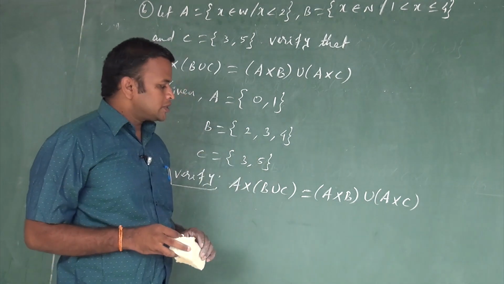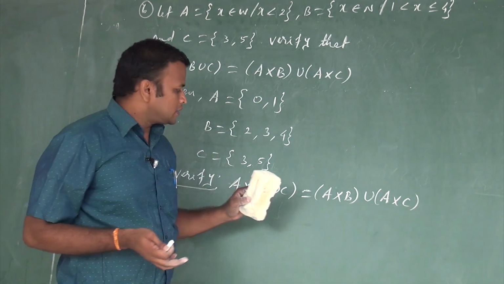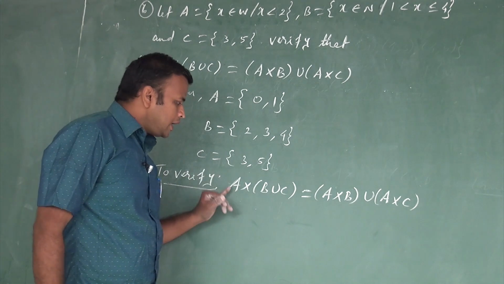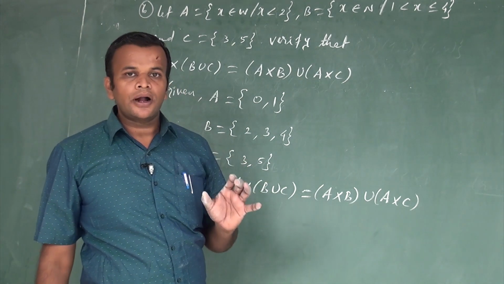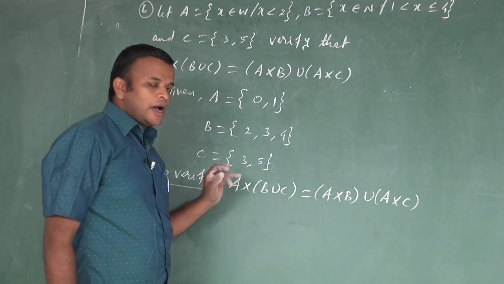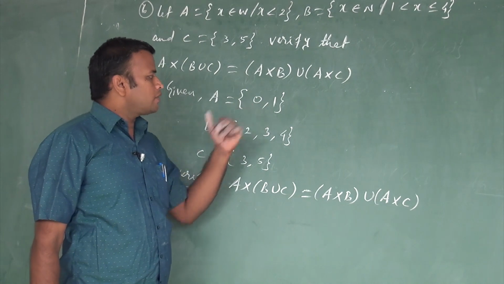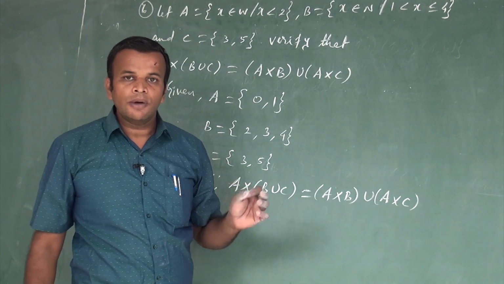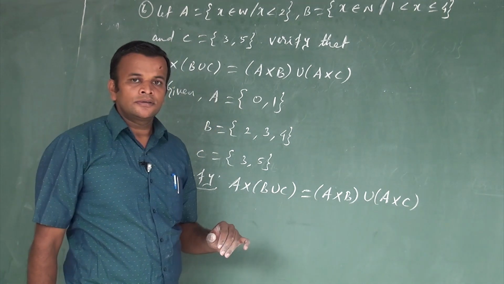In all verifications, first we take the value of LHS. What is the LHS value? It is A cross (B union C). That is, we need the Cartesian product of the set A and B union C. The set A we already found: the value of set A is {0, 1}. Next we take the B union C set.